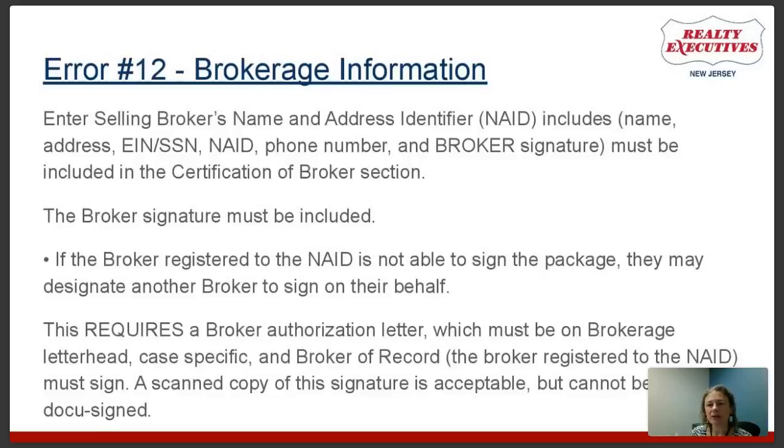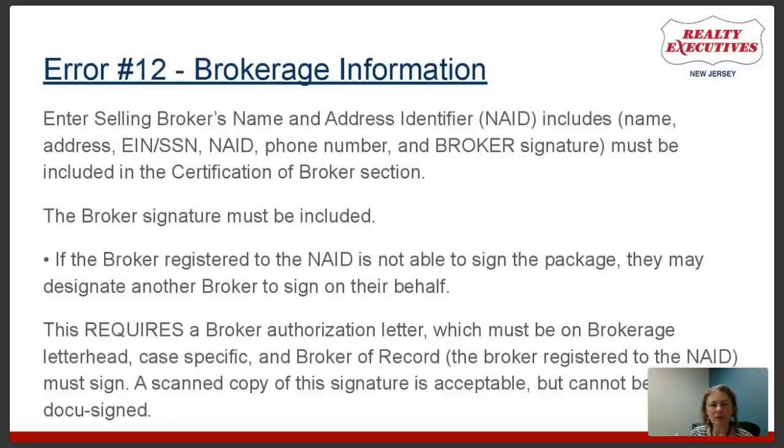By submitting that to HUD and becoming a registered selling agent, that certification of the broker has to be included. Only approved HUD agents can submit offers or bids on behalf of buyers. The broker's signature has to be included.